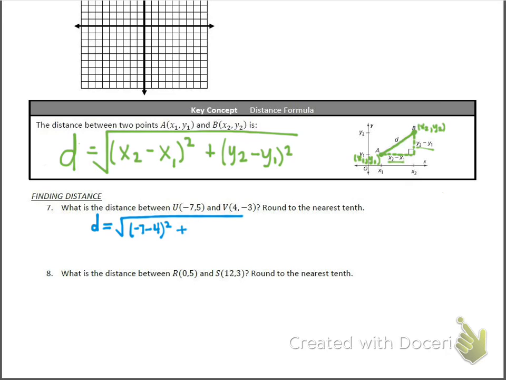Plus, same thing with the y's. 5 minus -3 squared.